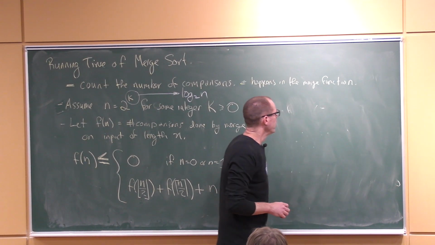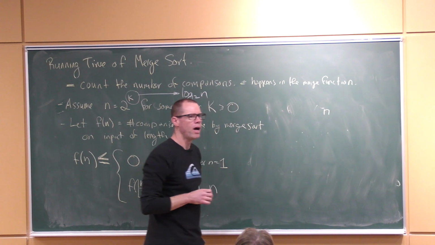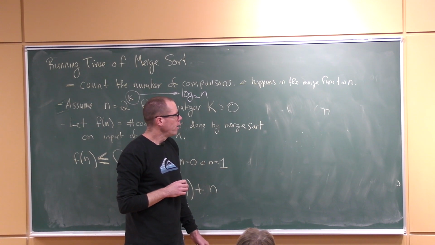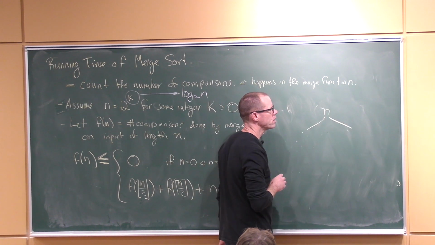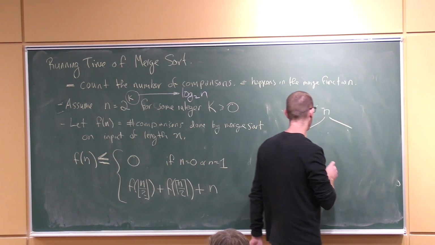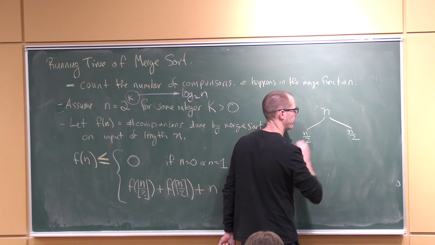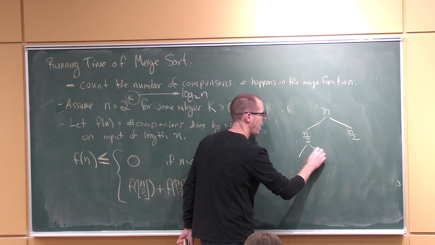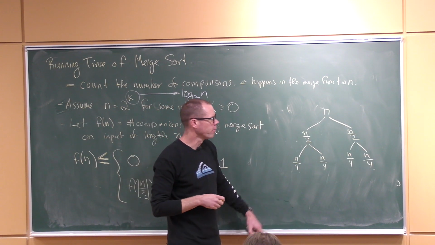So at the top level, we start with an input of size n. Okay. And we split that. That's what this function says. We split it into two inputs of size n over 2. And this one is split into two inputs of half the size, and so on until we somehow get to the bottom of this thing.